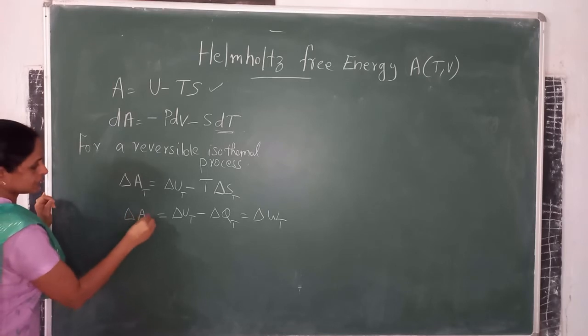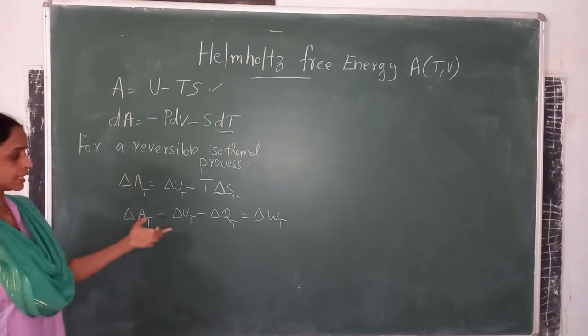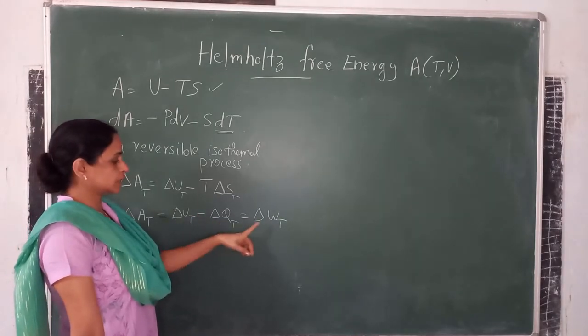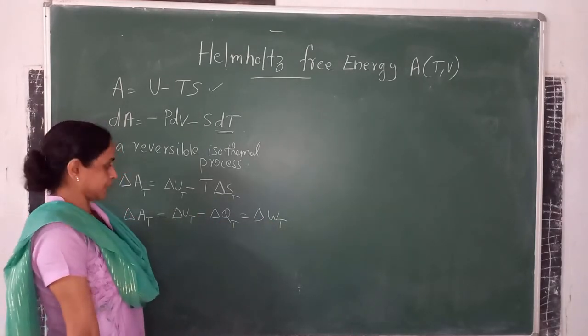So delta A at T is equal to delta U at T minus delta Q at T, equal to delta W at T.